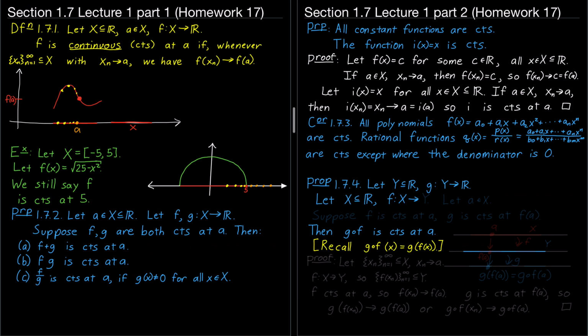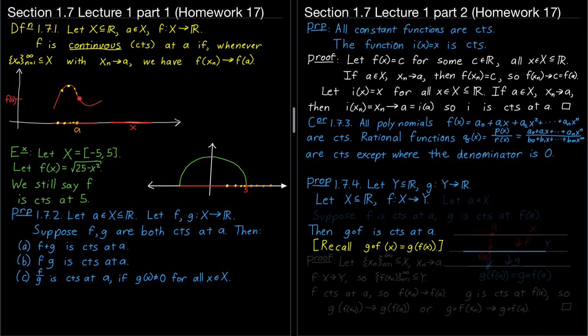That means we want to take f and then take g of it. So it turns out we need f to map from X into Y. That is, for any x, f of x has to be in Y so that g of f of x will be meaningful.